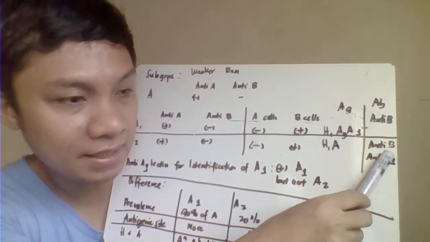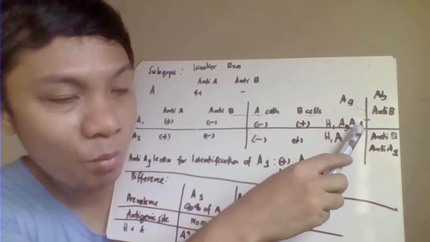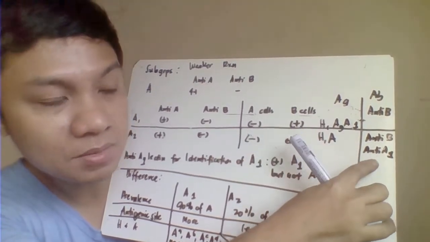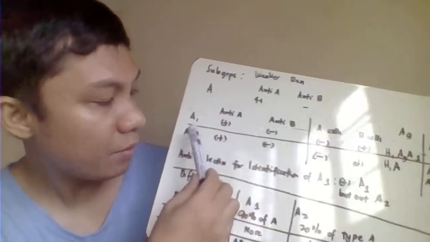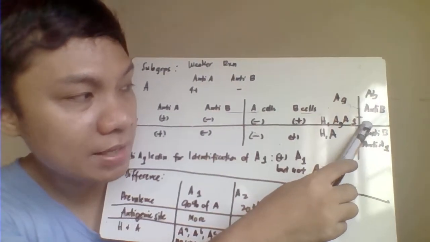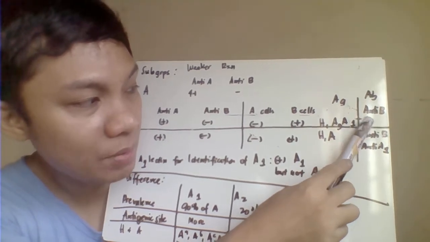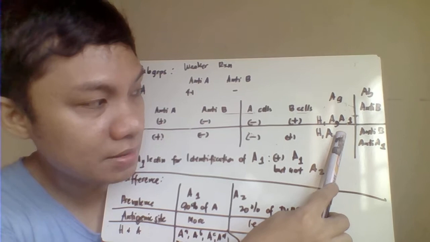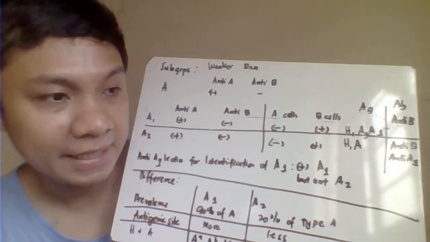But then again, ang A2 natin, since wala siyang A1 na antigen, magde-develop siya ng anti-A1 antibody. Ang A1 natin, wala siyang anti-A1 antibody kasi may A1 antigen siya. So, pag may A1 antigen, wala kang anti-A1 antibody. Ito naman kasi wala siyang A1 antigen, so you're expecting to have anti-A1 antibody.